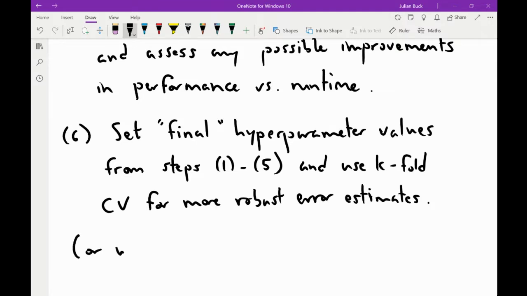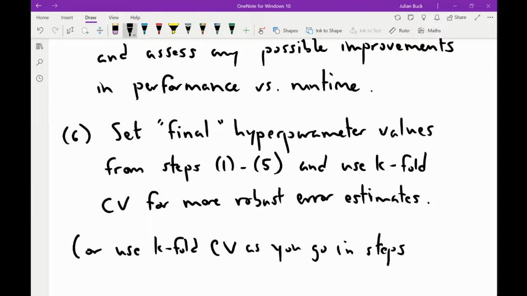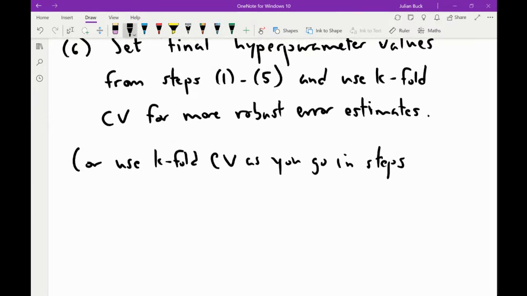Or use k-fold cross-validation as you go in steps 1 through 5, and omit step 6.